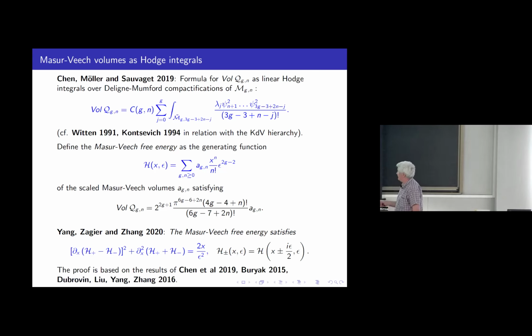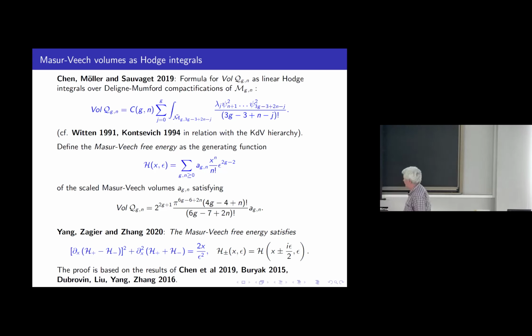And anyway, the proof is based, of course, on Chen, on Buryak, because Buryak also considered Hodge integrals involving lambda, and the Dubrovin, Liu, Yang, and Zhang paper in 2016.